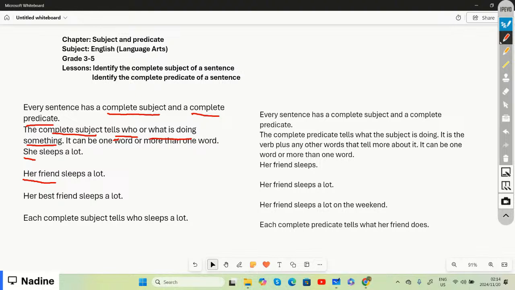And remember, the subject tells us who or what is doing something. It can be one word or more than one word. Let's look at the next one. It says, her best friend sleeps a lot.